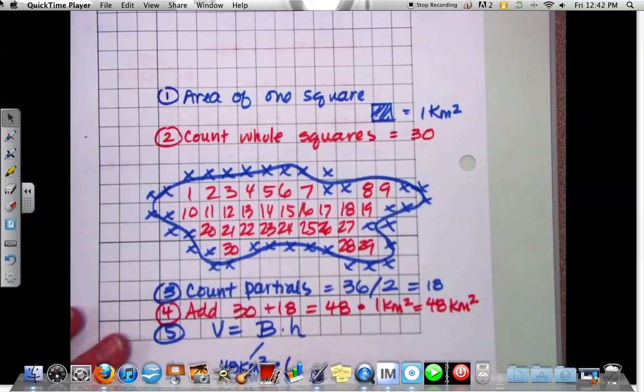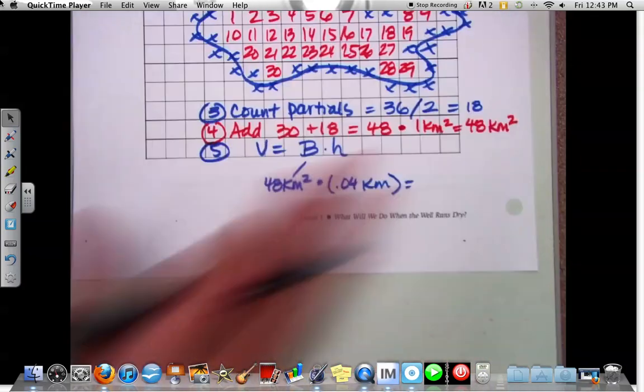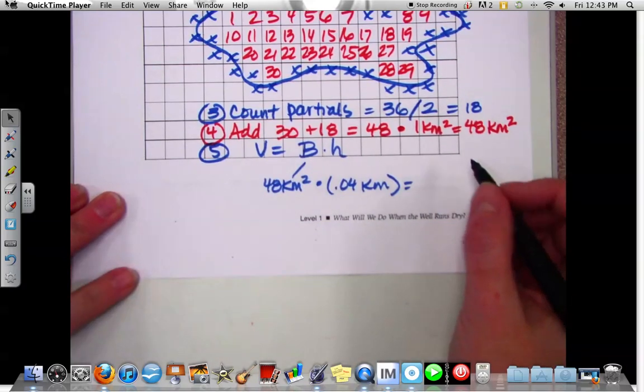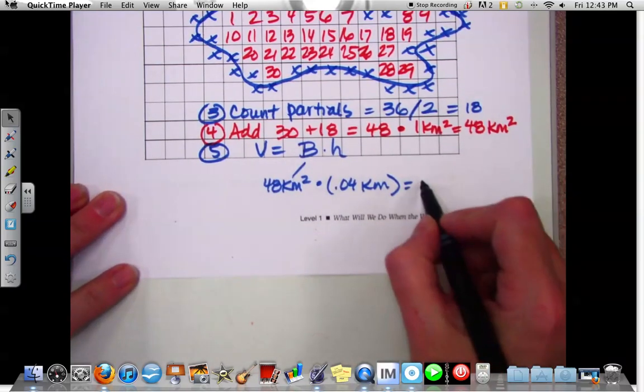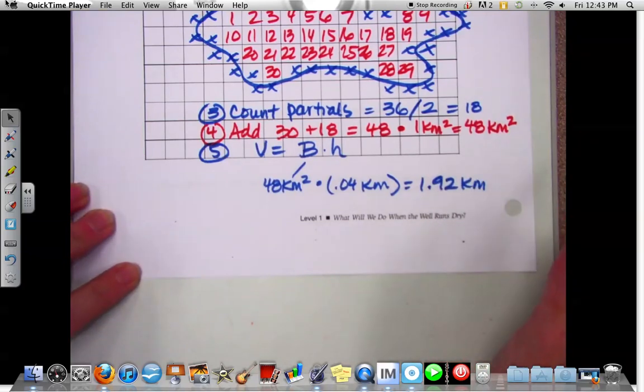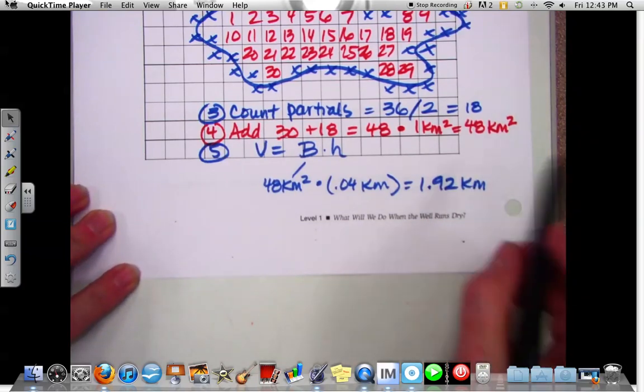So multiply 0.04 kilometers, and we have a volume of, what are you guys getting? 1.92. Okay. So you should be close to 1.92 kilometers cubed.